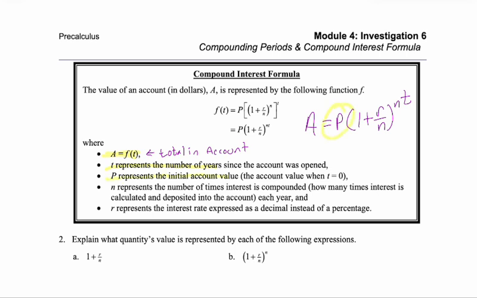Remember that initial value always sat out in front. n represents the number of times they are compounding interest. So if they say annually, that's once, semi-annually, twice, monthly, 12 times, daily, 365 times. And r is going to represent the interest rate. Make sure that you have that as a decimal instead of a percentage, or it might not work for you, okay?